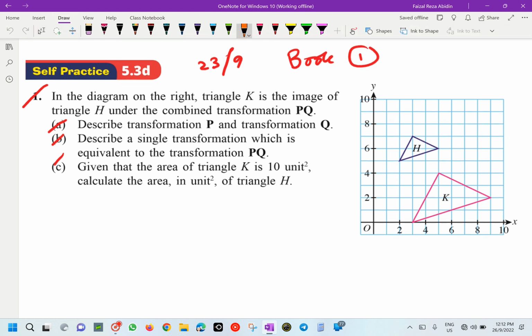For transformation P here, I'm going to have not enlargement. Enlargement is going to be Q. Q is going to be enlarged. So what transformation gives the same orientation?